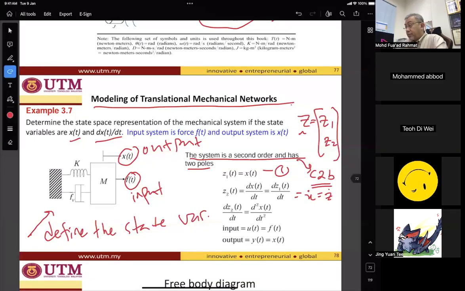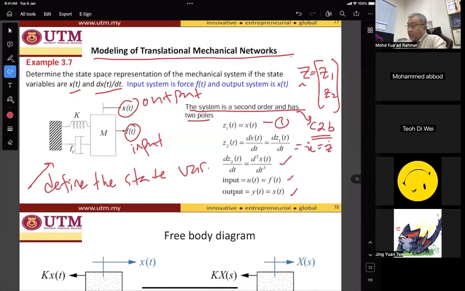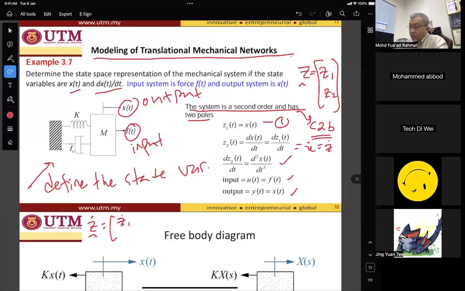Okay, so if we differentiate dz2/dt, it will become acceleration, d square x(t) over dt square, as shown here. Okay, so the state variables are given by z1 and z2, and the derivative state variables are z1 dot and z2 dot.